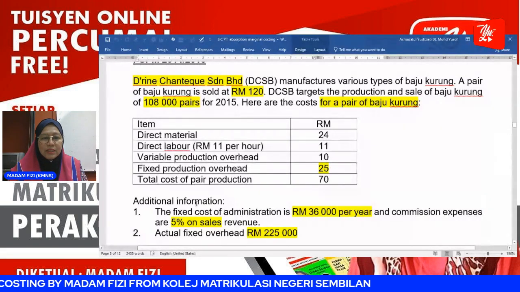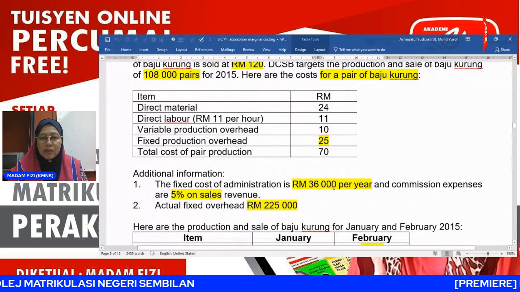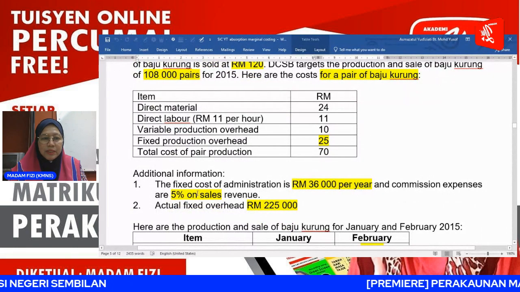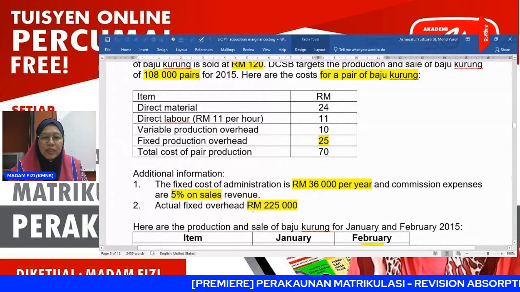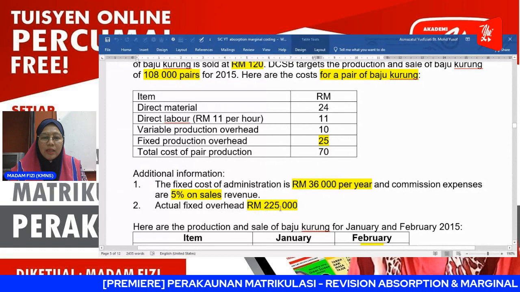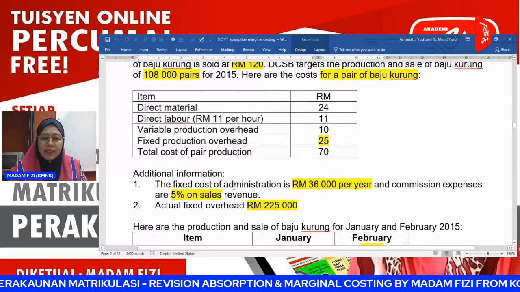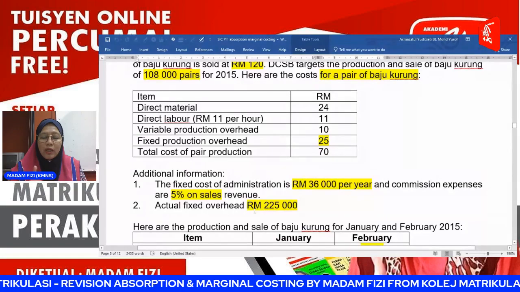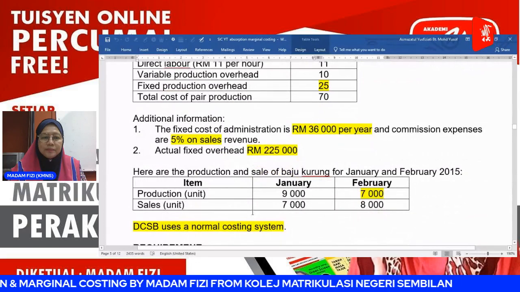The additional information: the fixed cost of administrative is 36,000 per year and commission expenses are 5% on sales revenue. Actual fixed overhead is 225,000. Madam has highlighted all of these, so you have to take note when it goes to the calculation.